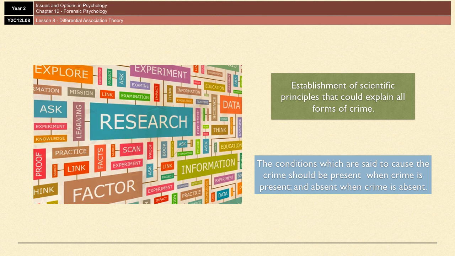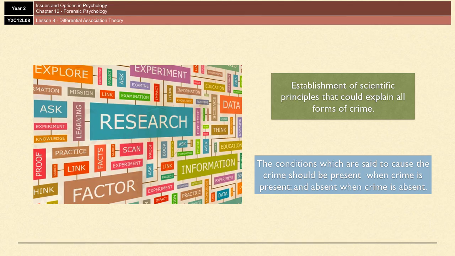Now, thinking back to what our previous lessons have been like, that wasn't the case. So if you think of the criminal personality, it's very easy for somebody to be highly extroverted and highly neurotic but not be a criminal, which means that the conditions that could cause the crime were in place. However, the people may never actually go on to commit crime.